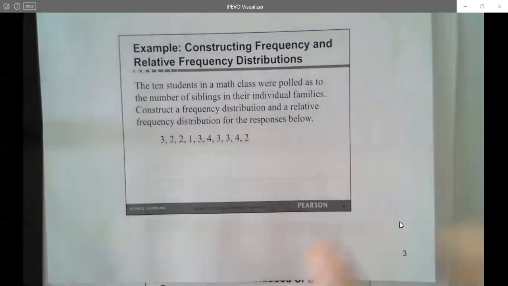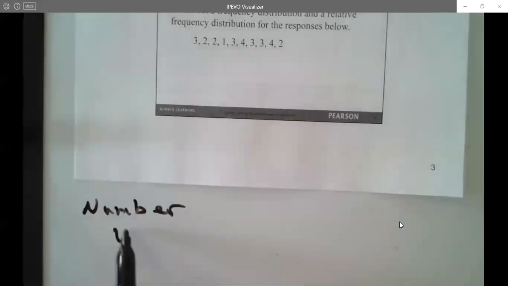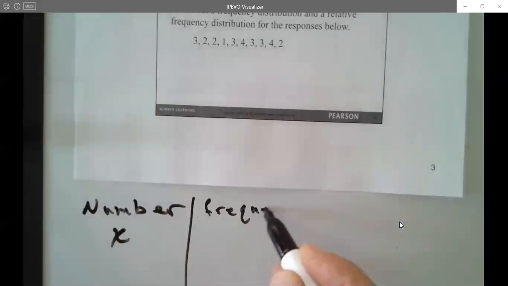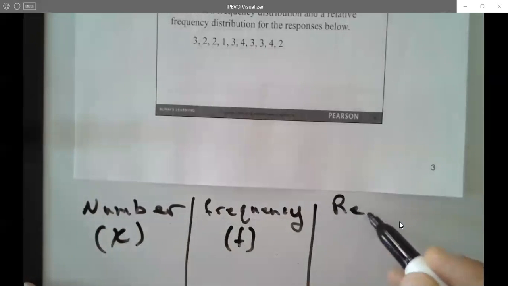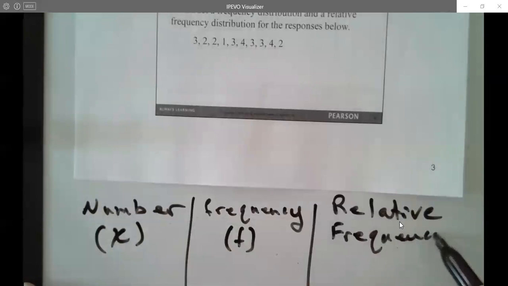The way we do that is we make a table. We've got a number, which we'll call X, frequency, which we'll call F, and then relative frequency, which is F over N, where N is the total.